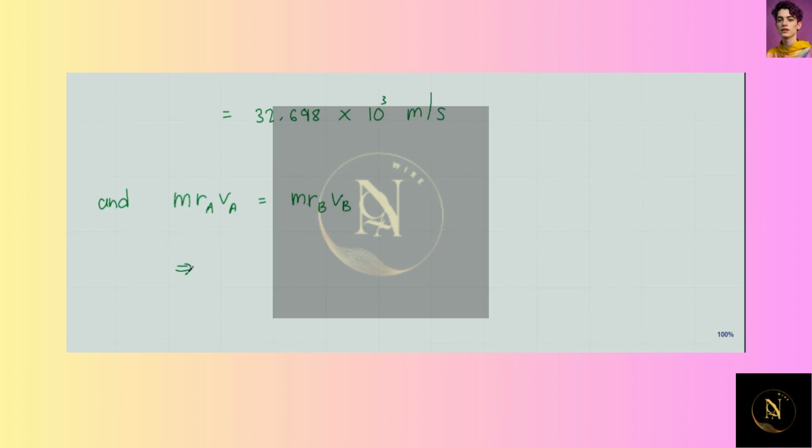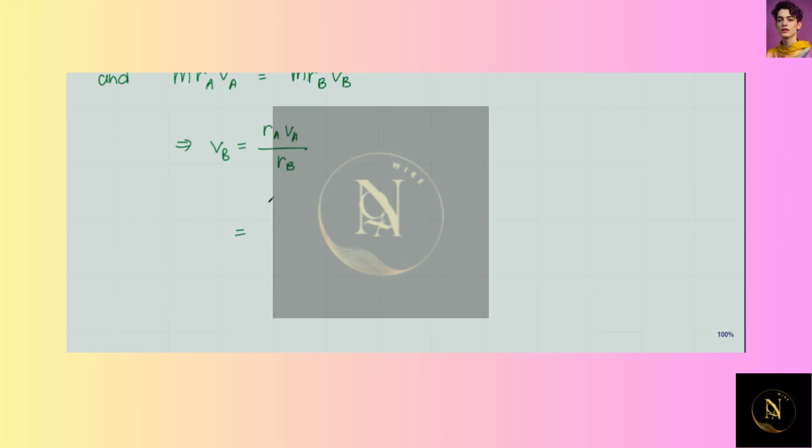So we can rearrange this and solve for the velocity at point B. VB is equal to RA VA over RB. And we have these values, so we can substitute them in.